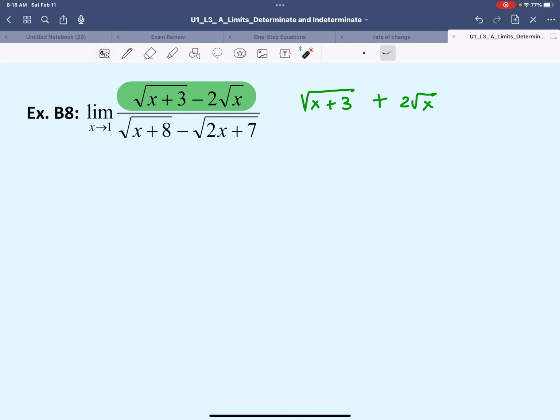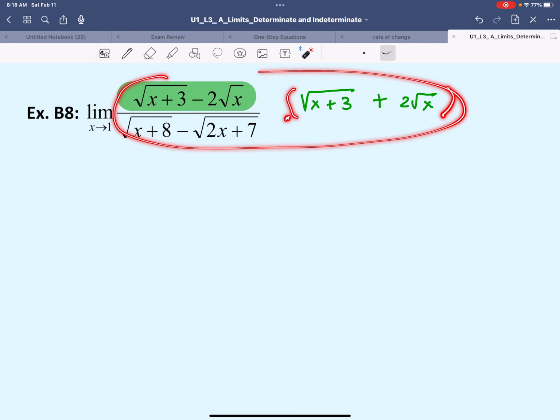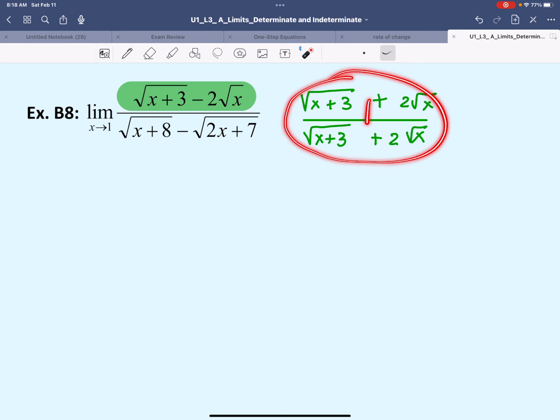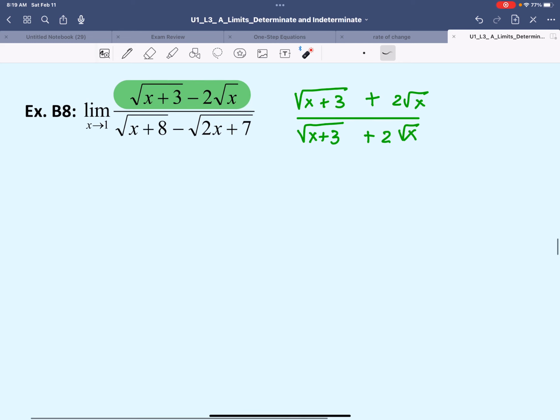Since we're multiplying by a new expression, which will have a certain value, that means that we have changed the function itself, the entire function inside the limit. So we have to multiply the denominator by the same thing in order to maintain the value of the function inside the limit. In this way, we have simply multiplied by number 1, right? Which doesn't change the value of the function inside it.